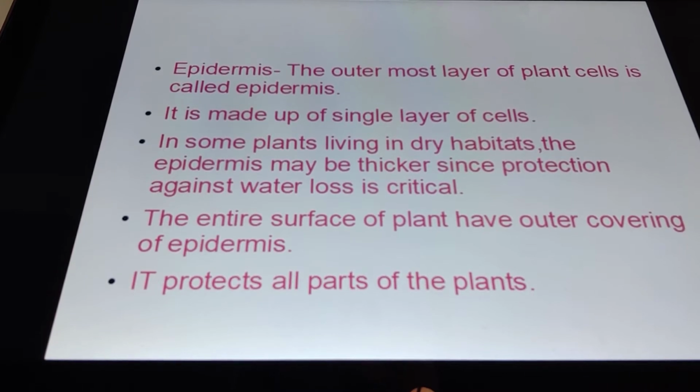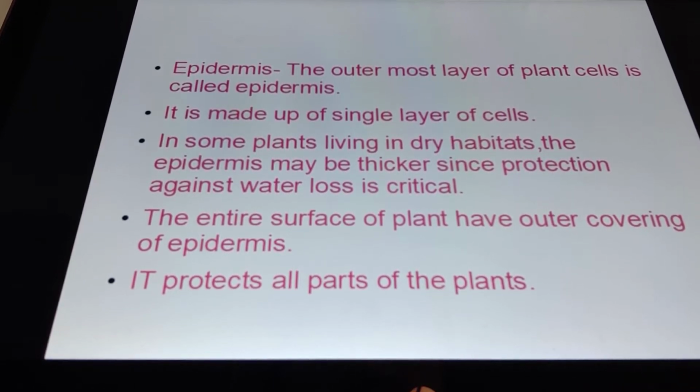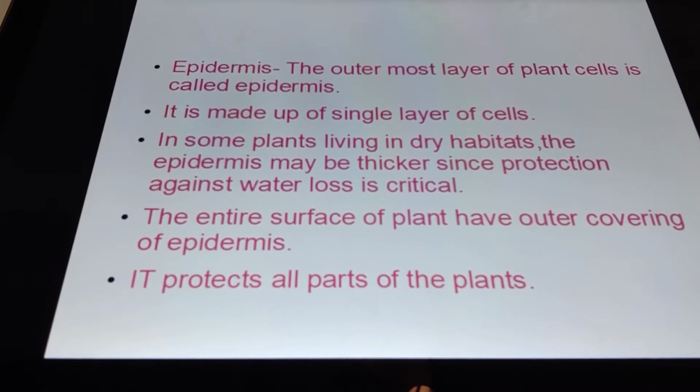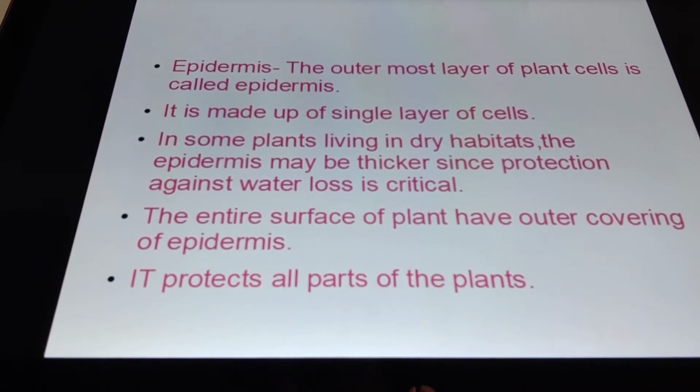When we see epidermis tissue under the microscope, we can see that it is made up of a single layer of cells, a continuous layer without any intercellular space.